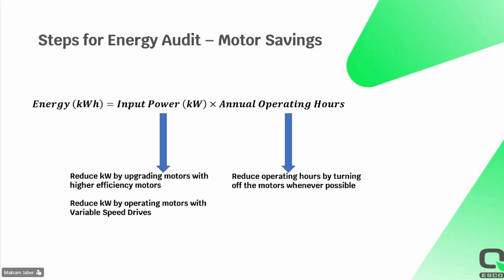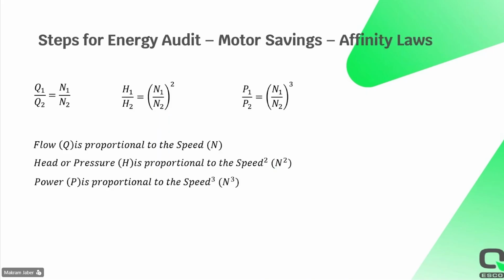How can we calculate the energy savings after we add a variable speed drive? This is based on the affinity law. The affinity law links the flow with the speed, the pressure with the speed, and the power with the speed.